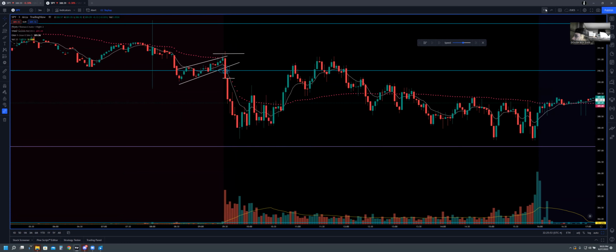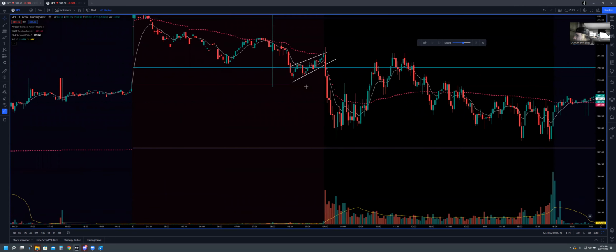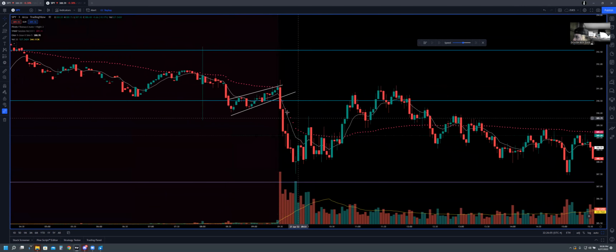But let's say you actually wait for the close. You wait for it to close right here and then you enter. You can set your stop loss to here instead. So the stop loss is a little less, but you do miss out on all this move, all this premium pretty much from here.